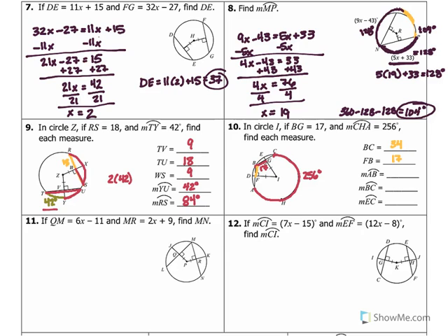Now we want the measure of arc AB. So here's AB. Now here's the tricky part. I'm going to give you part of this. So AB is the same length as BC. We know those two are equal. So we're going to take 360 degrees and subtract this major arc from it, and we get 104 degrees.